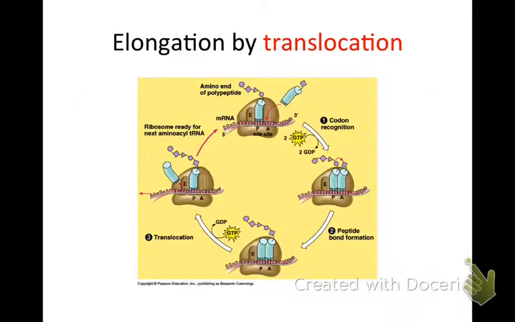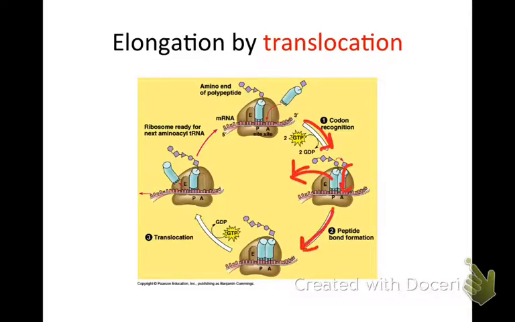Elongation. Please highlight that this is the actual making of the primary sequence of an amino acid. All that means is the ribosome walks down the mRNA one codon at a time, saying, hey tRNA, here we go. We've already initiated. It's saying, hey, I've recognized another codon. You come and sit down. You can leave.